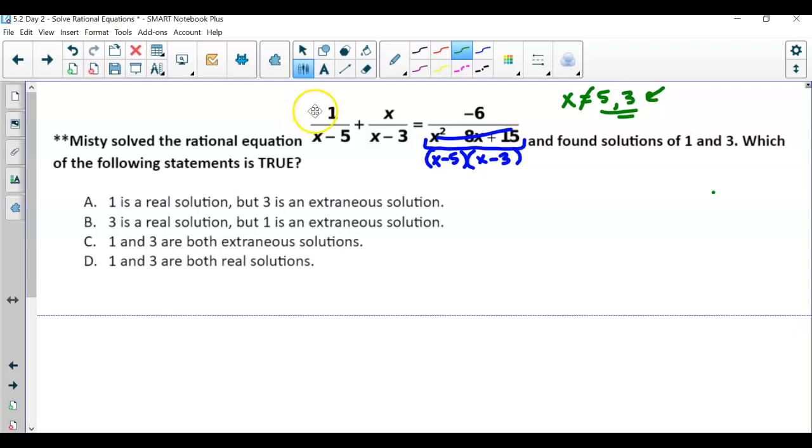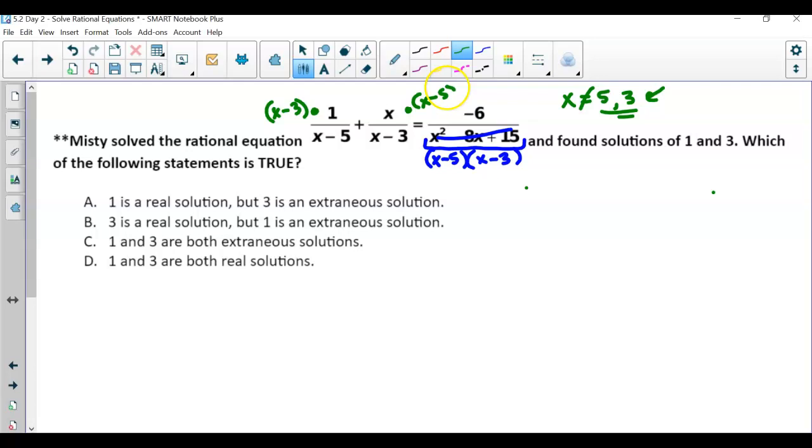So I'm going to multiply the first rational expression here. If it already has x minus 5 in the denominator, I'm going to multiply by x minus 3. Then here, if we already have x minus 3 in our second rational expression, I'm going to multiply by x minus 5. The negative 6 already has the common denominator that we're focusing on with both factors.